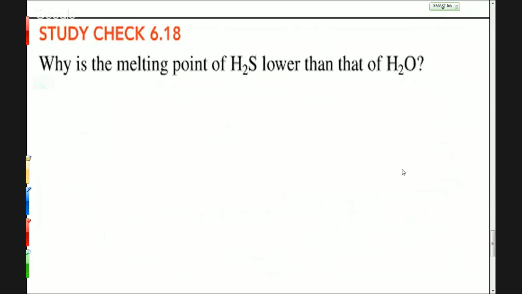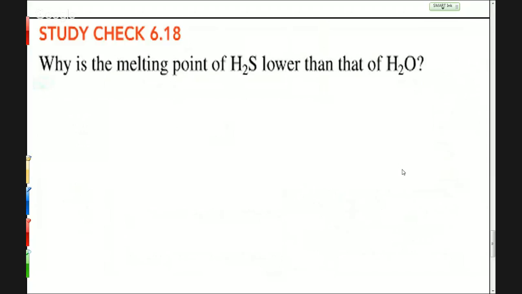Why is the melting point of H2S lower than that of H2O? Another way to word this question that you might see is which one has a lower melting point and why? That's something you might be asked. So this one, it's telling you H2S is lower than H2O. So why? Well, here's how we go about a question like this.